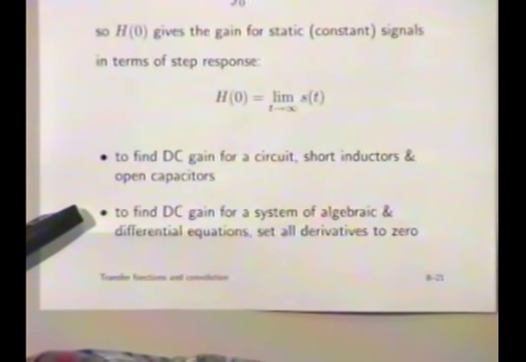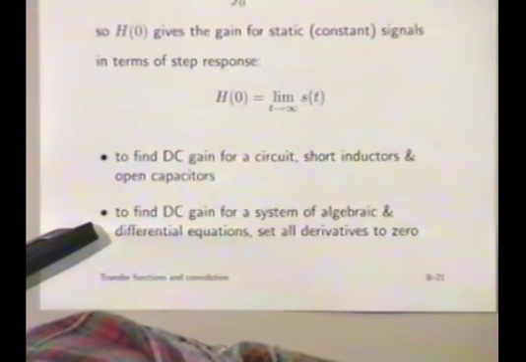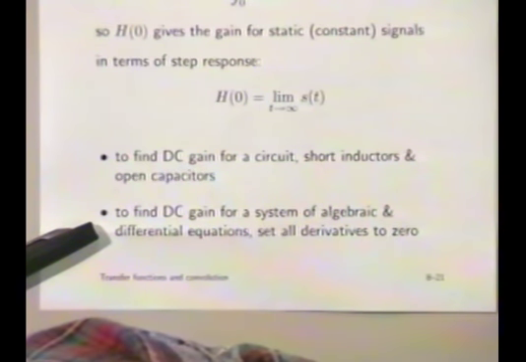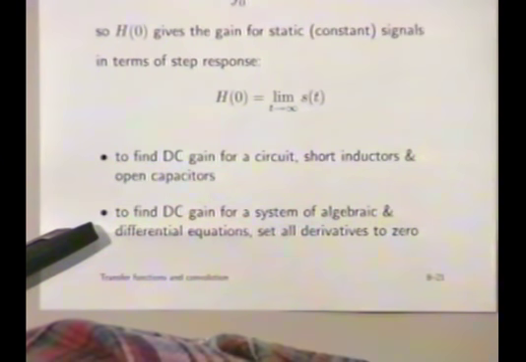And for a block diagram with, for example, integrators in it, what can you say about an integrator if the system is in static, steady state? If the output of an integrator is constant, what can you say about the input? If I show you a big block diagram and tell you it's in steady state, what's the input to an integrator? 0.